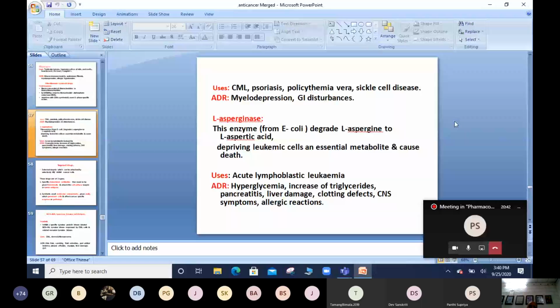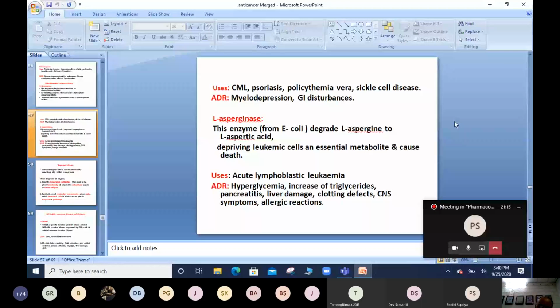By doing so, it deprives the leukemic cells of an essential metabolite and causes their death. Uses: acute lymphoblastic leukemia. Adverse drug reactions: hyperglycemia, increase of triglycerides, pancreatitis, liver damage, clotting defect, CNS symptoms and allergic reactions.